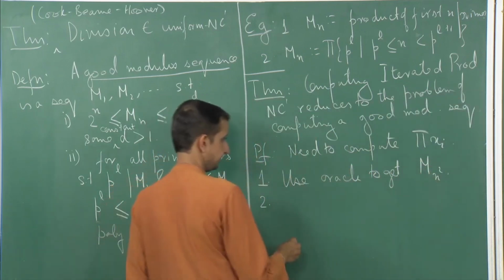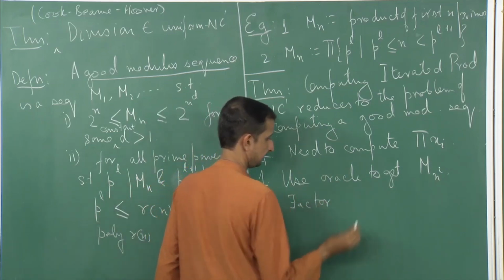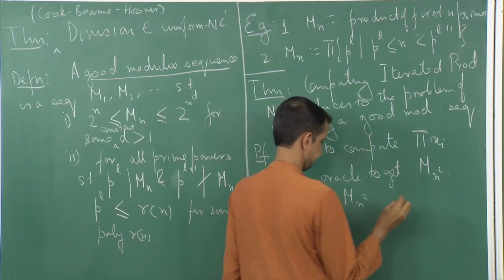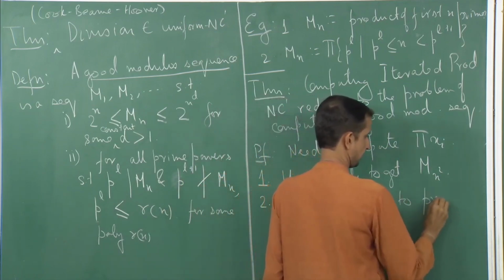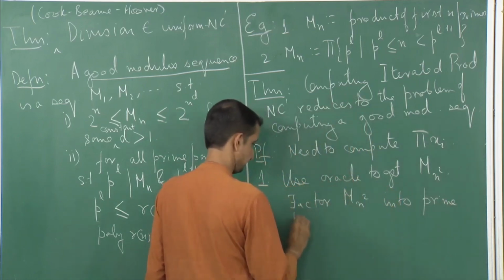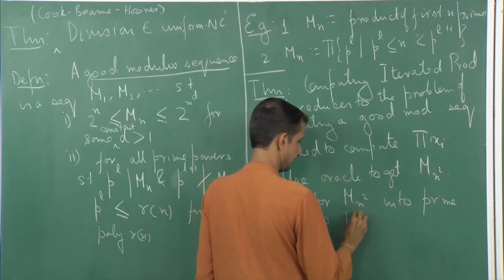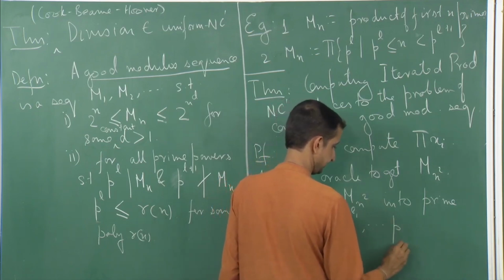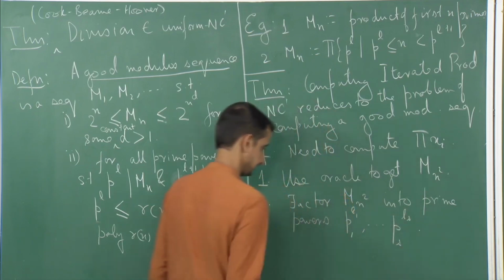Next what we will do is we will factor mn square into prime powers, let us say p1 to the power l1 so on up to ps to the power ls, okay.